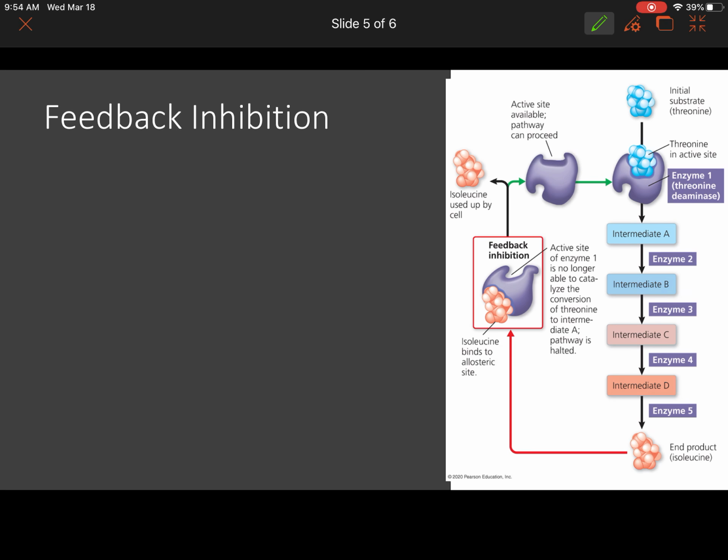Well, another common mechanism of inhibiting and regulating enzymes is through feedback inhibition. Feedback inhibition takes place when we have metabolic pathways.